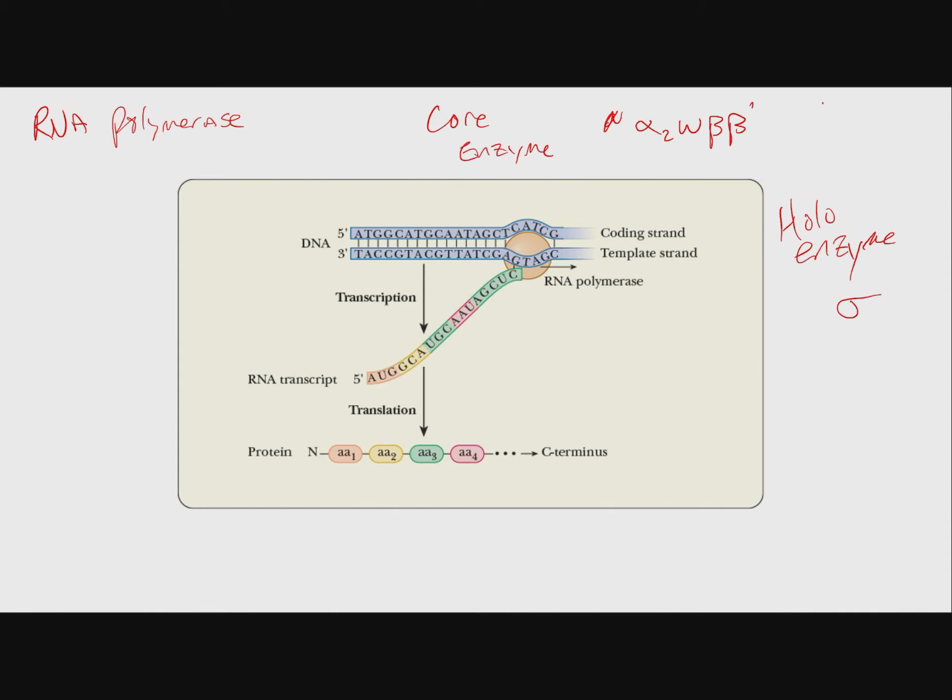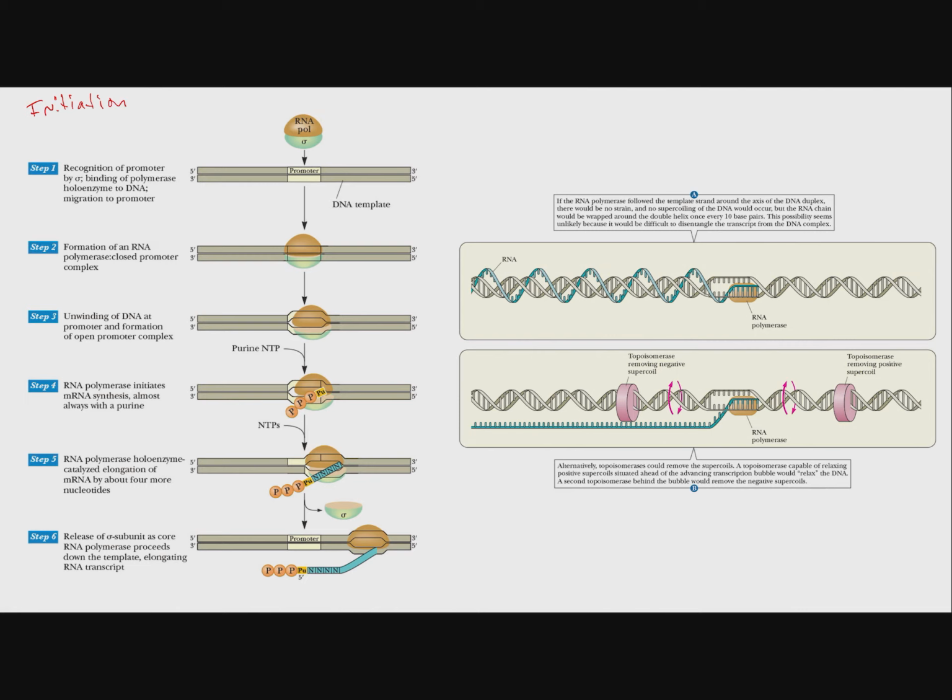It begins when RNA polymerase binds to the promoter and forms a closed complex. So let's talk about what a closed complex is. Well, there's two complexes. There's the open and there's the closed complex. The closed complex is the complex that initially forms between RNA polymerase and the DNA before transcription begins.